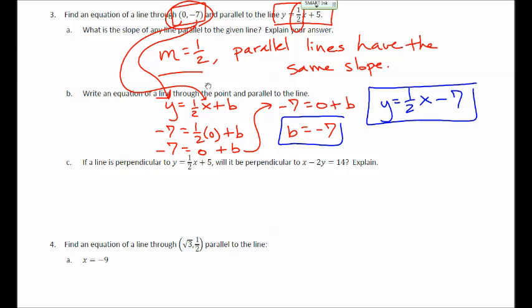C, if a line is perpendicular to y equals 1/2 x plus 5, that was the given line, will it be perpendicular to x minus 2y equals 14? Now, please notice that this equation is not in the same format as y is equal to mx plus b. It's a different format, okay?